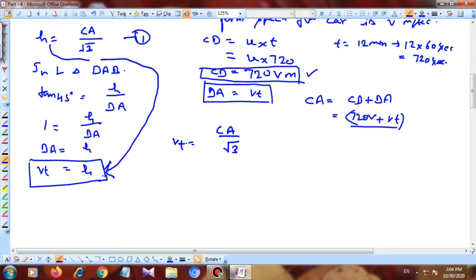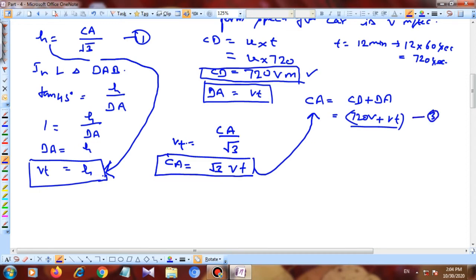Then CA equals root 3 times VT, right? Put the value of CA in this equation. Suppose this is the third equation. When you put the value of CA in the third equation, you will get root 3 times VT equals 720V plus VT.